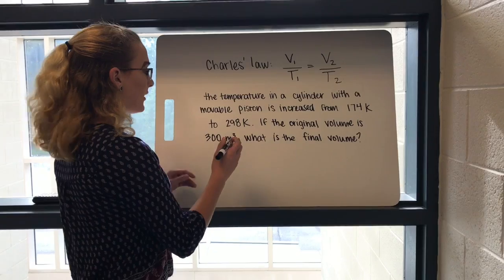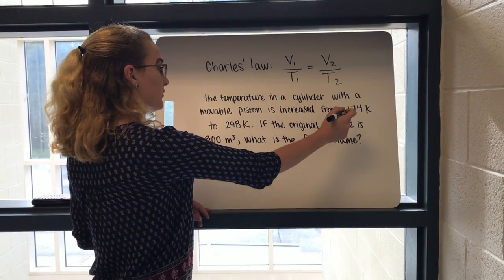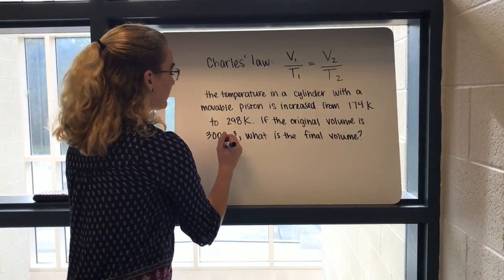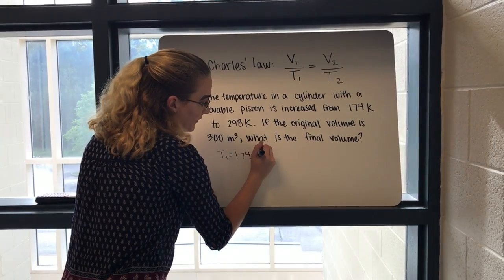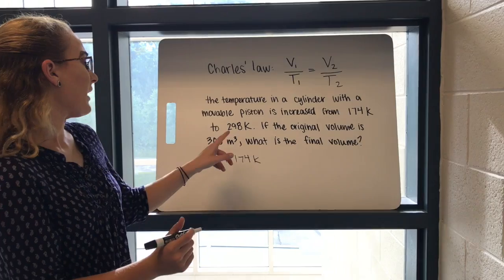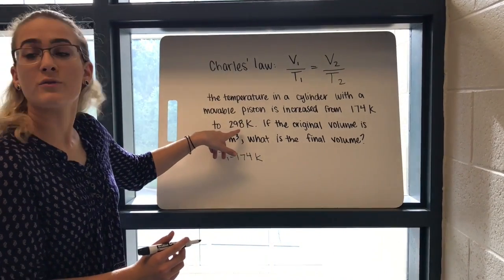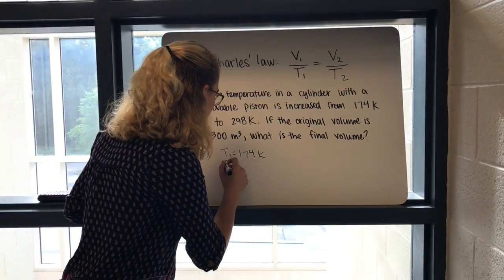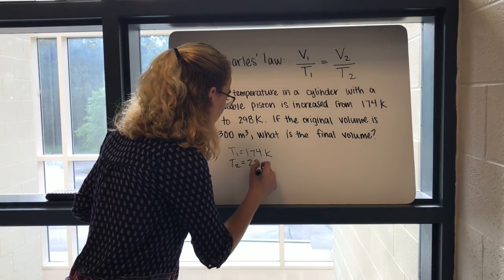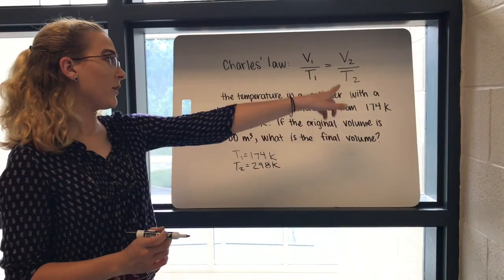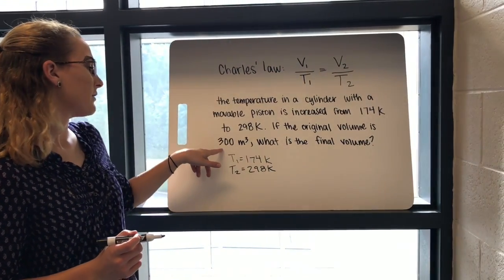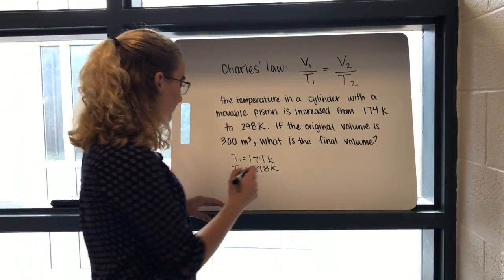So what we know is T1, which is 174 Kelvin, and then we have T2, which is going to be 298 Kelvin. And we have the original volume, V1, and that's going to be 300 meters cubed.